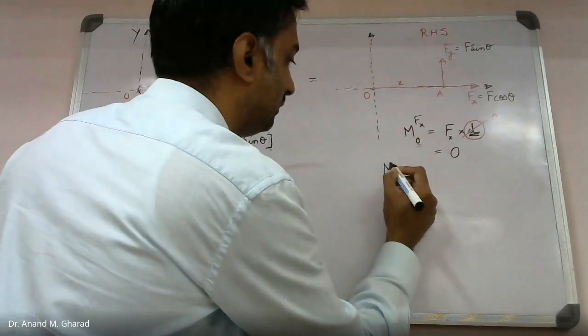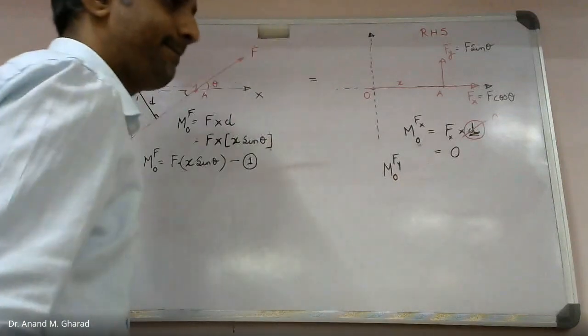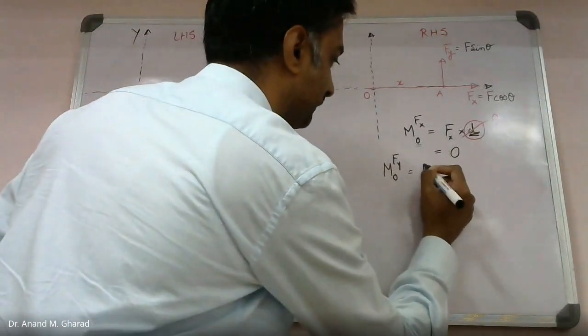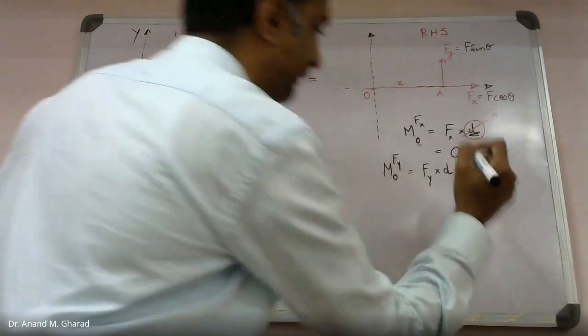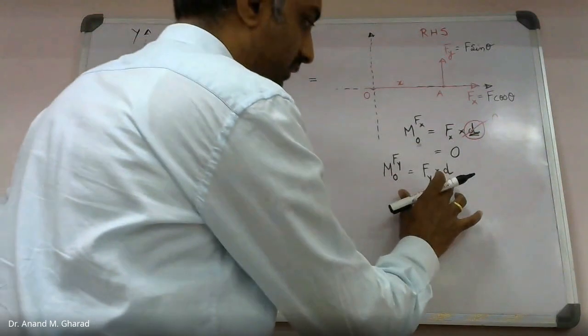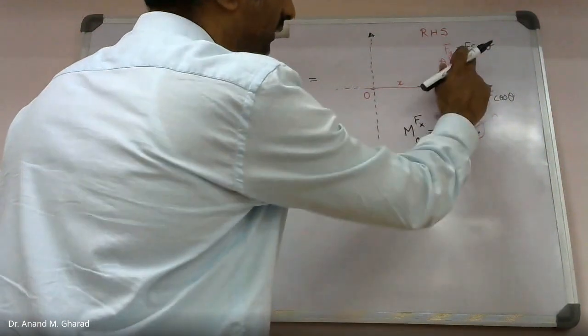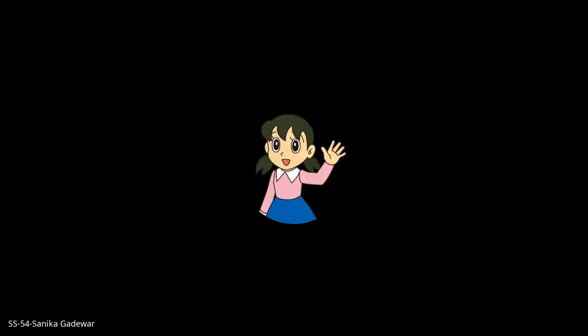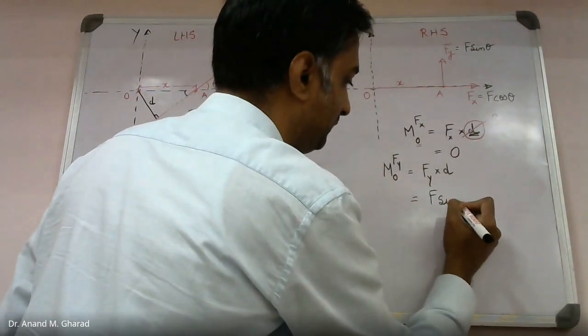Therefore, moment about O due to Fy into d. Correct? Now for this case, what is the value of Fy? Fy is nothing but F sine theta. I will substitute that value, F sine theta.